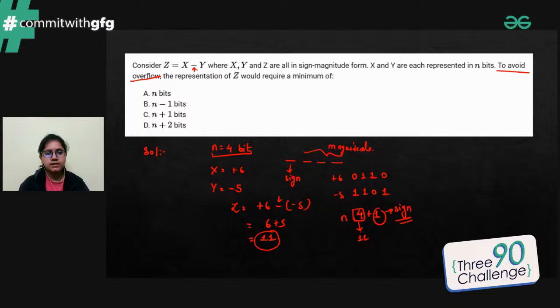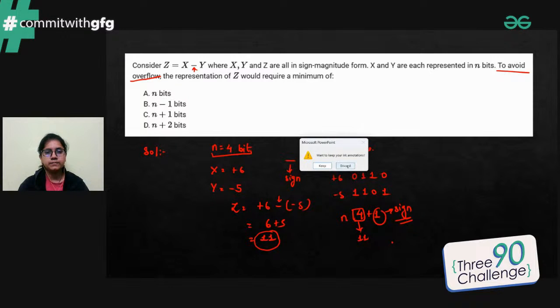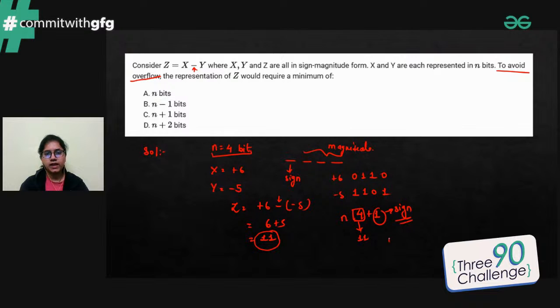If this is n, then n plus 1 bits are required. So to avoid overflow, the representation of z would require a minimum of n plus 1 bits.